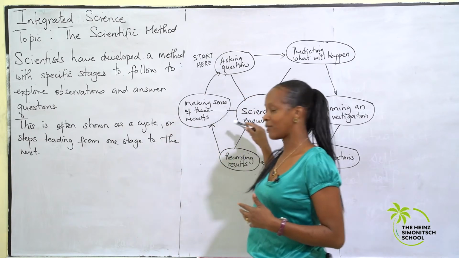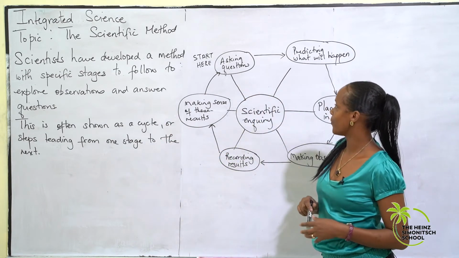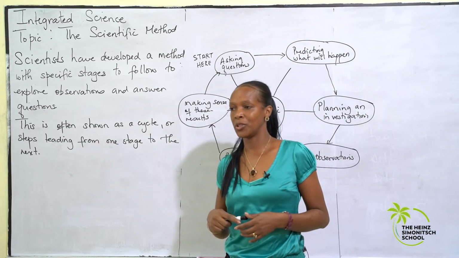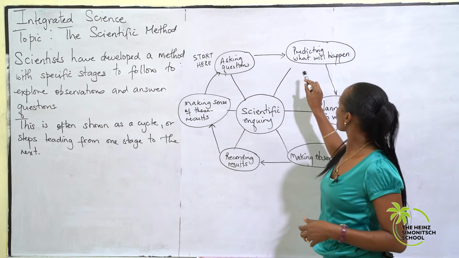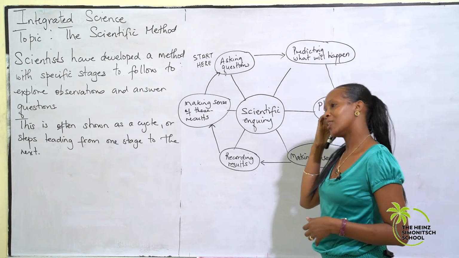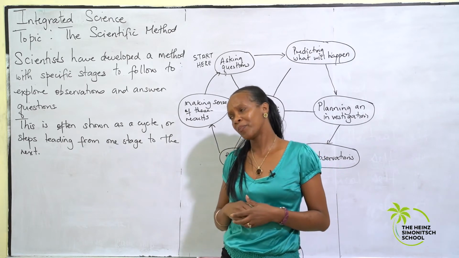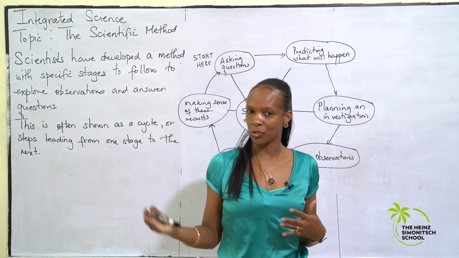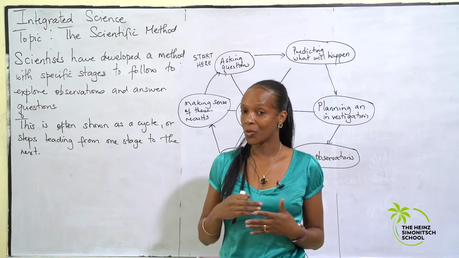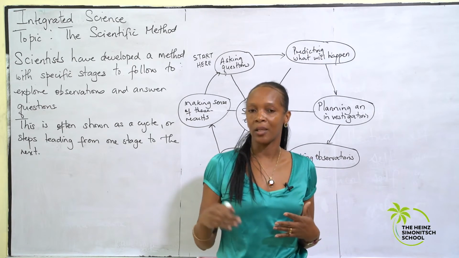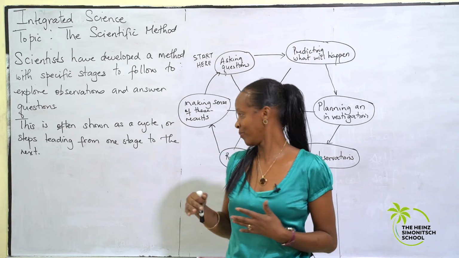That is how the scientific method goes too. So you ask a question. You want to know how the tree grows. So you predict what will happen. That's the next stage. So you might think, yes, water. If I water it, it's going to grow. So that is how you're going to predict, yes, water helps to make the tree grow.